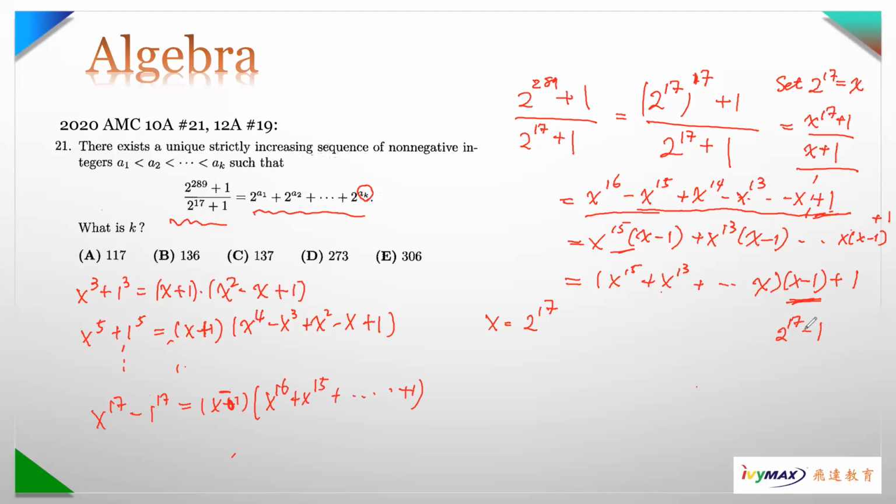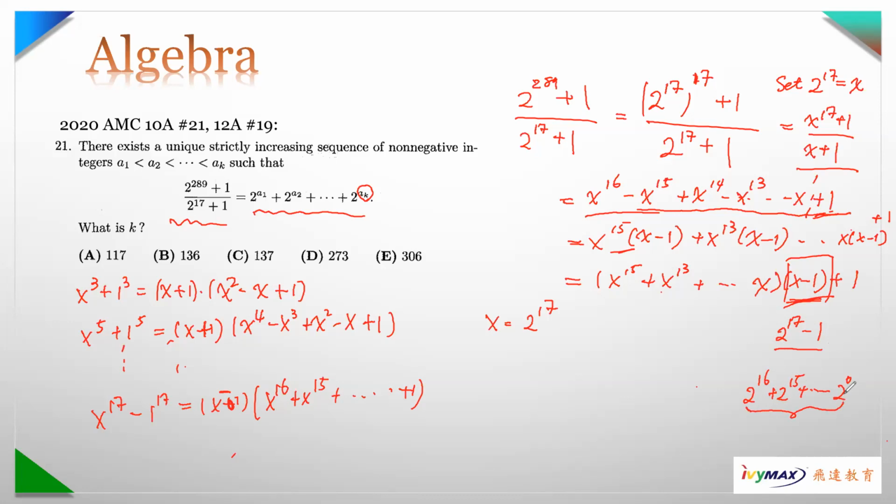Okay, so to substitute x by 2, these factors can be rewritten into 2 to the power 16 plus 2 to the power 15 plus all the way to 2 to the power 0, this is 1, right?